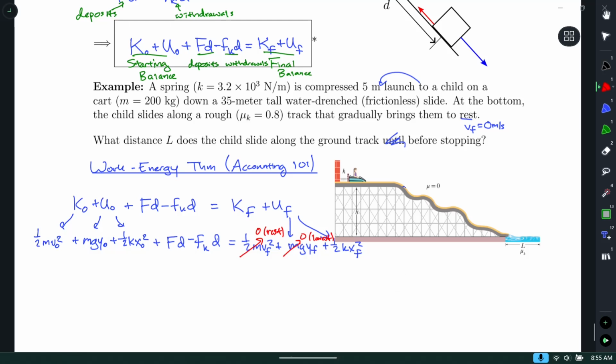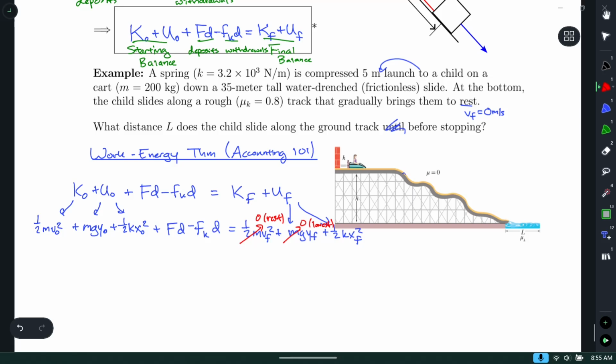Okay, what else? The initial elastic potential energy. Well, the initial is that compressed spring, so we actually do need to compress it in order to launch them. That's our initial state. But what about the final state? Would it be 0? Yeah, because once the spring launches them, it's relaxed again.